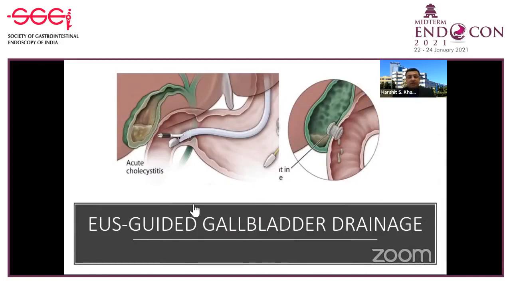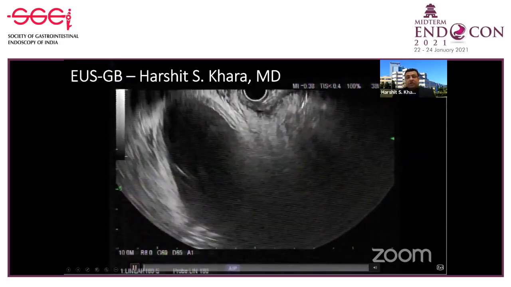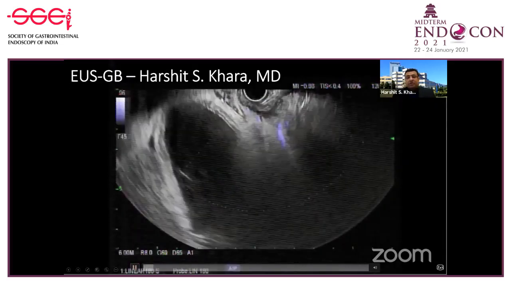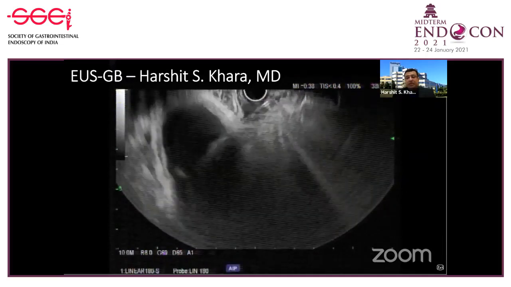So endoscopic ultrasound guided gallbladder drainage is performed with either a transgastric or transduodenal visualization of the gallbladder. Using a therapeutic echoendoscope, under endoscopic ultrasound vision as well as fluoroscopic vision, the gallbladder lumen is punctured, preferably with a 19 gauge or a 22 gauge needle.